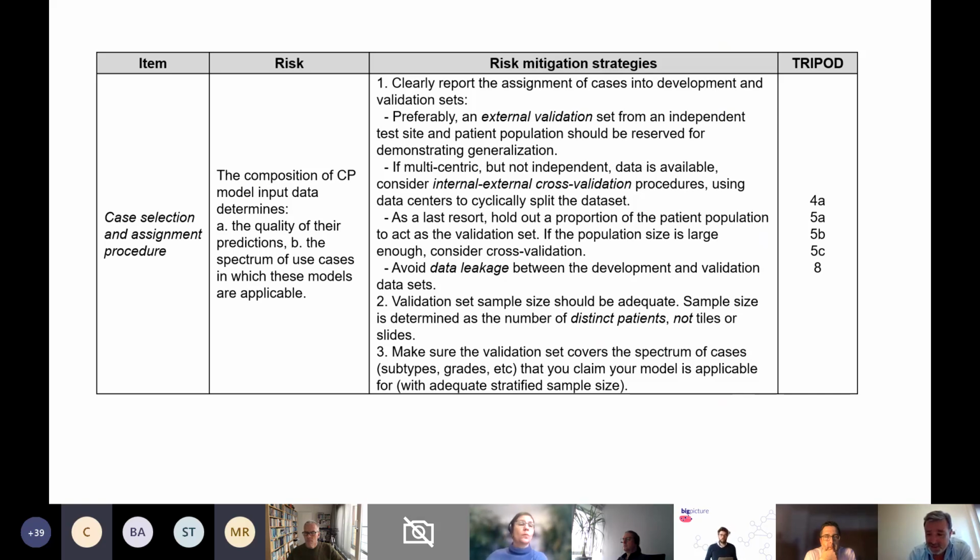An additional risk mitigation strategy is to make sure that the validation set, and Carsten alluded a little bit to it, covers the spectrum of the cases that you want to have your biomarker used in the situation it is intended for, namely daily practice.